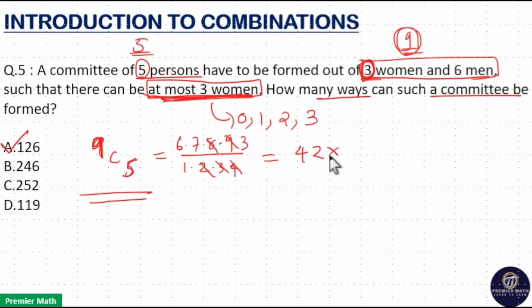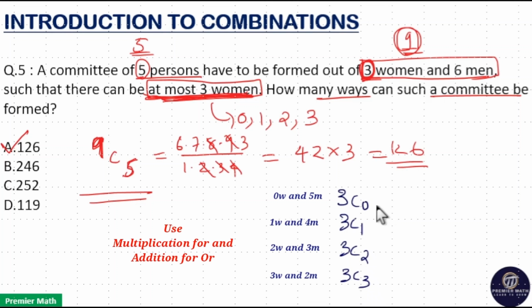Now if you don't understand this, there are 3 women available and at most 3 women means it can be 0 women, it can be 1 woman, it can be 2 women or it can be 3 women, maximum of 3 women. Now if 0 women, all the members should be men. That is, there are 6 men available, out of this 5 should be men.